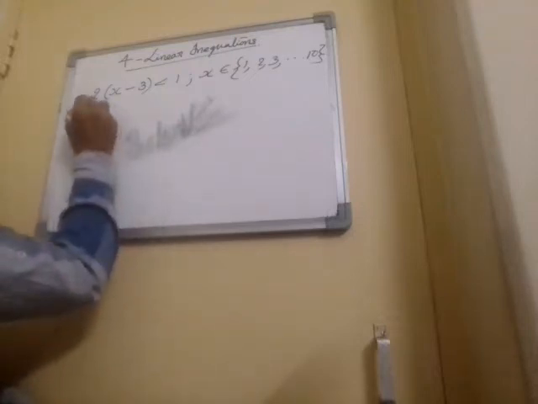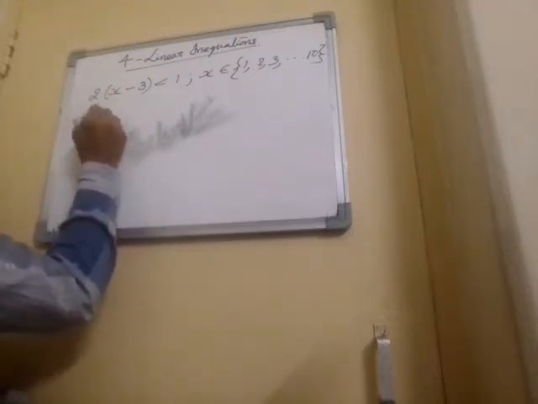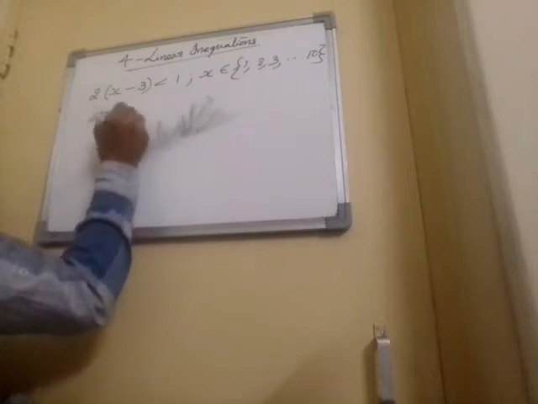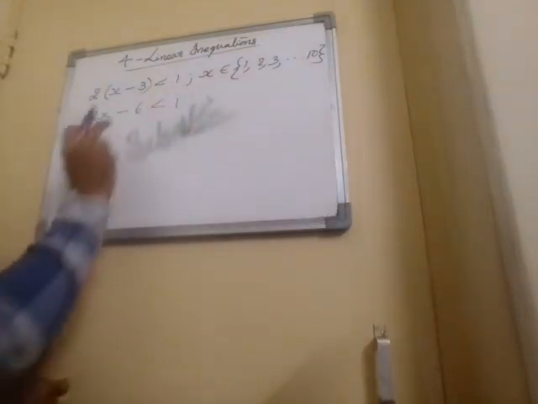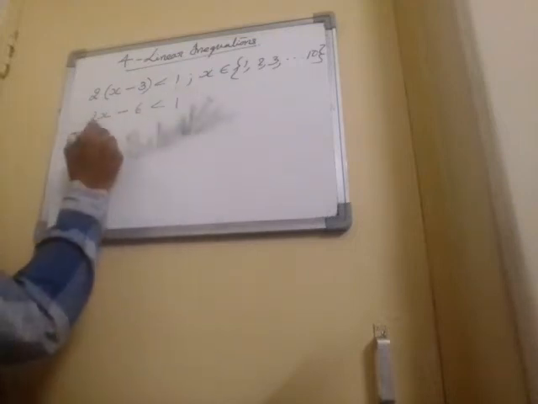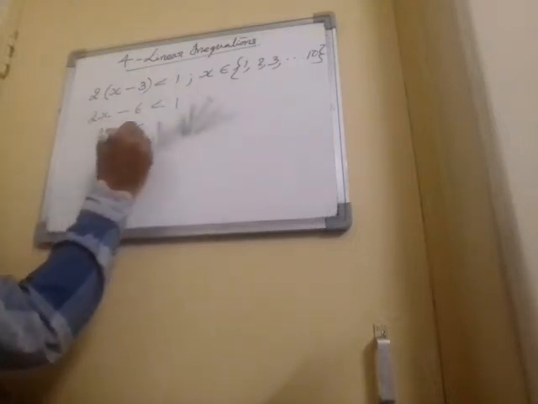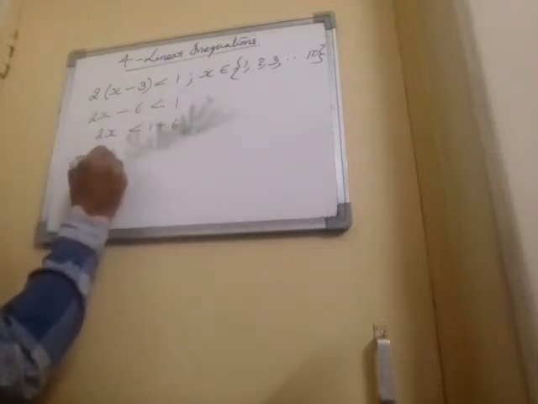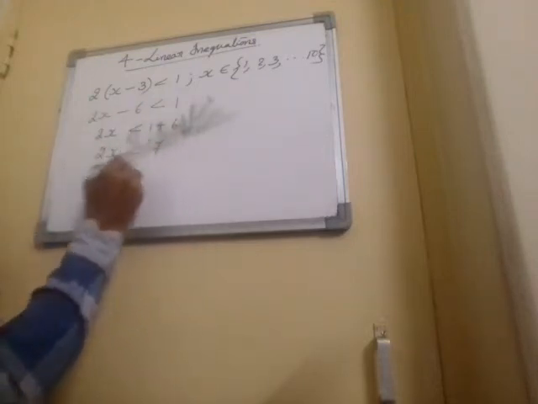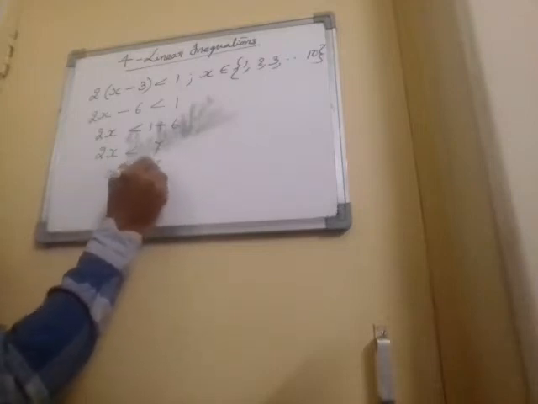First we have to open the bracket: 2x minus 6 less than 1. It is same as the equation. Now this minus 6 we have to take to the other side. So 2x less than 1 plus 6, minus 6 becomes plus 6. So 2x less than 7, x less than 7 by 2.